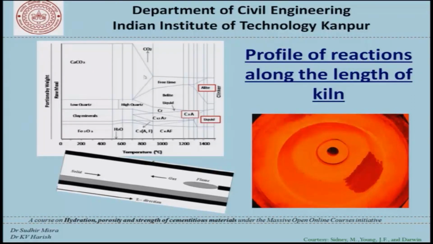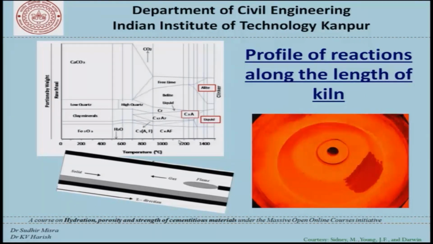In addition to that, you also see that some quantity of carbon dioxide is getting liberated from the combustion of limestone, and at temperatures between 800 to about 1000 degrees Celsius, you have the initial formation of C2AF, which is an unstable compound.